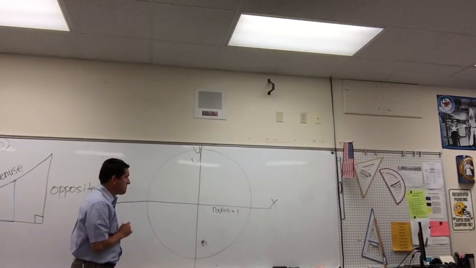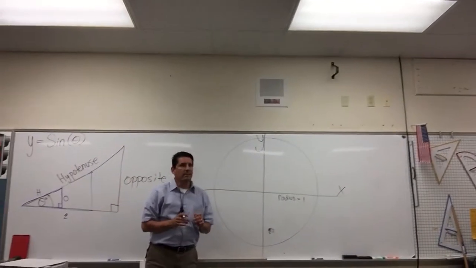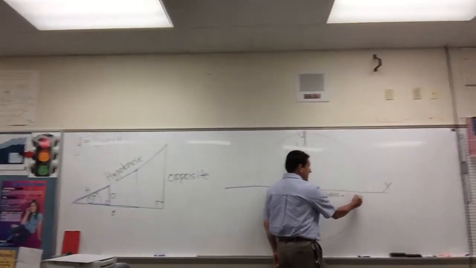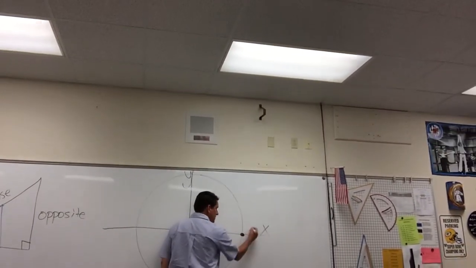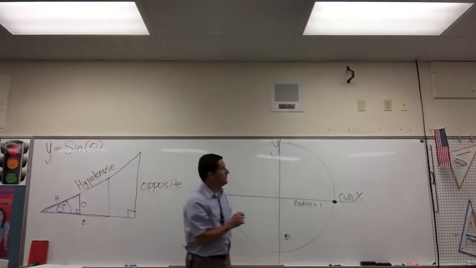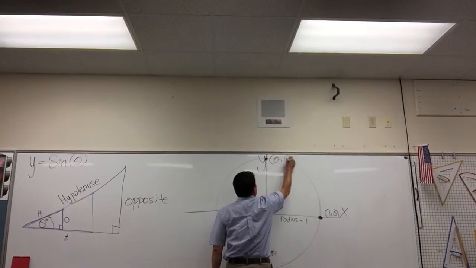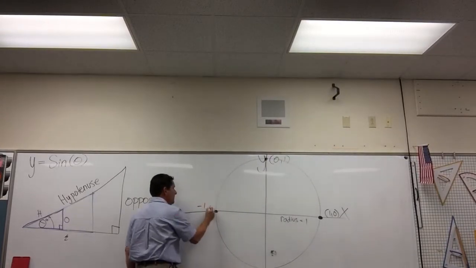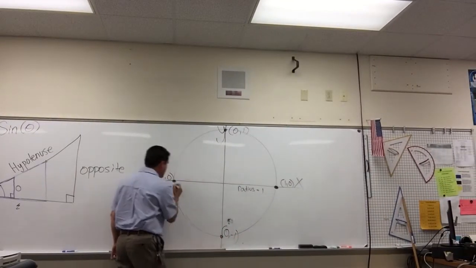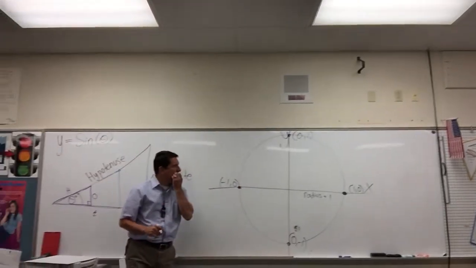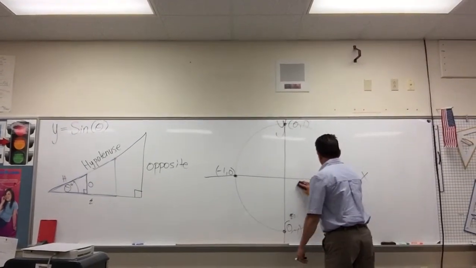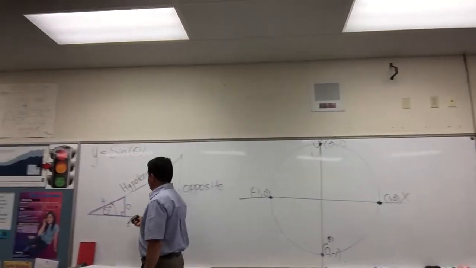If this is true, then we have points we can start to plot. This point right here has coordinates (1, 0). So you can start to fill in your unit circle. This one is (0, 1). This one's (-1, 0). And this one's (0, -1). That's just easy because we know that the radius is 1. So what does this circle have to do with this triangle?